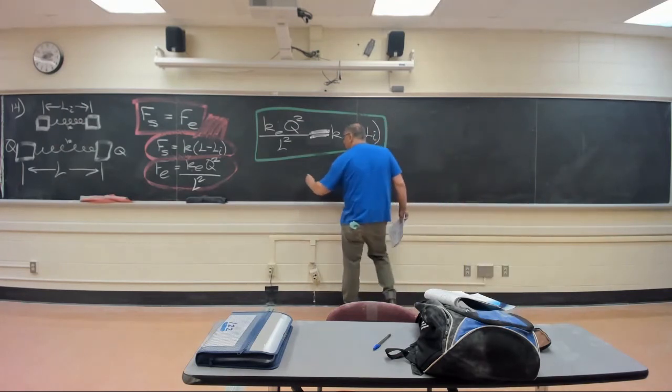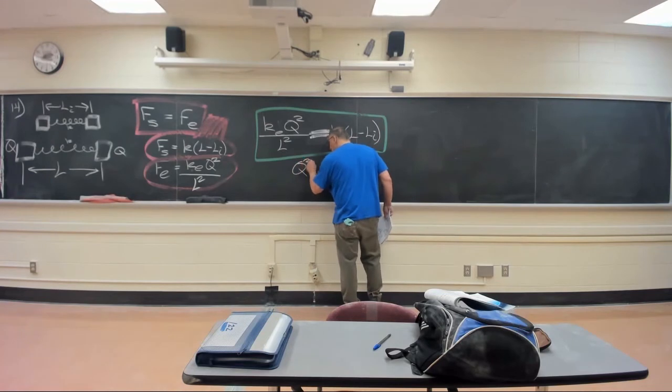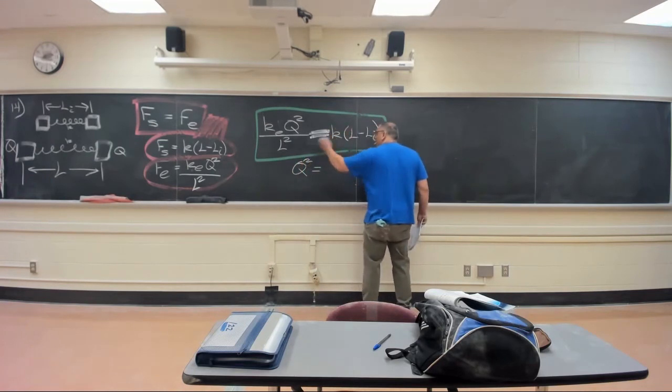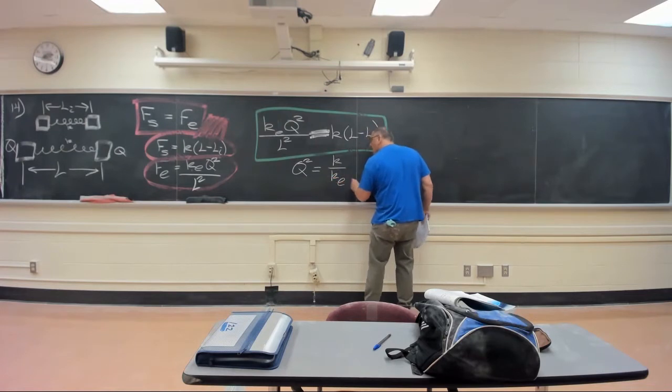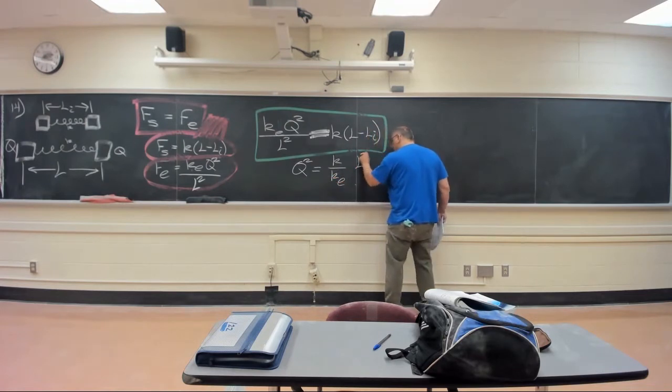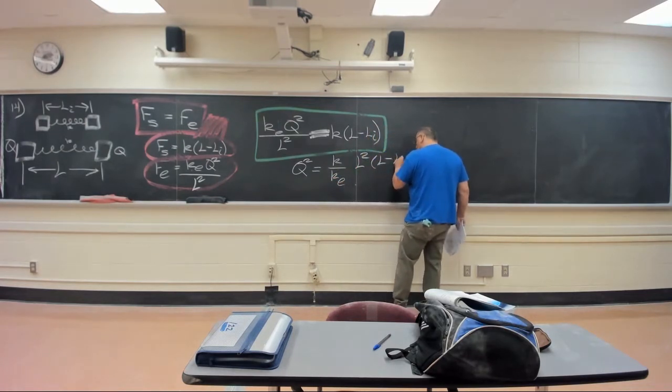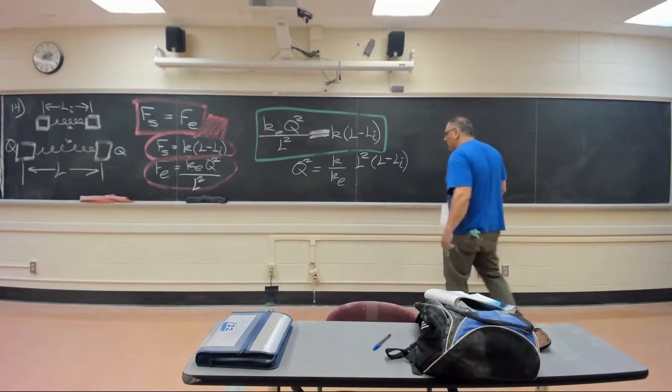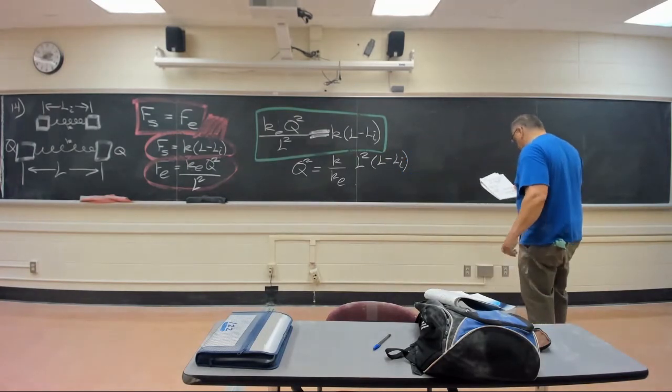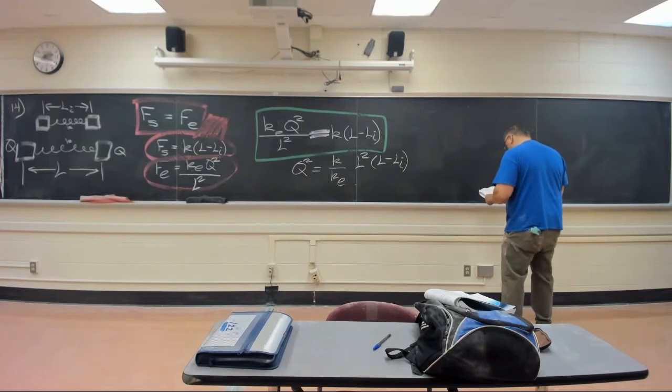The rest is math. Solve for Q squared at least. Multiply by L squared over KE on each side. Square root each side.